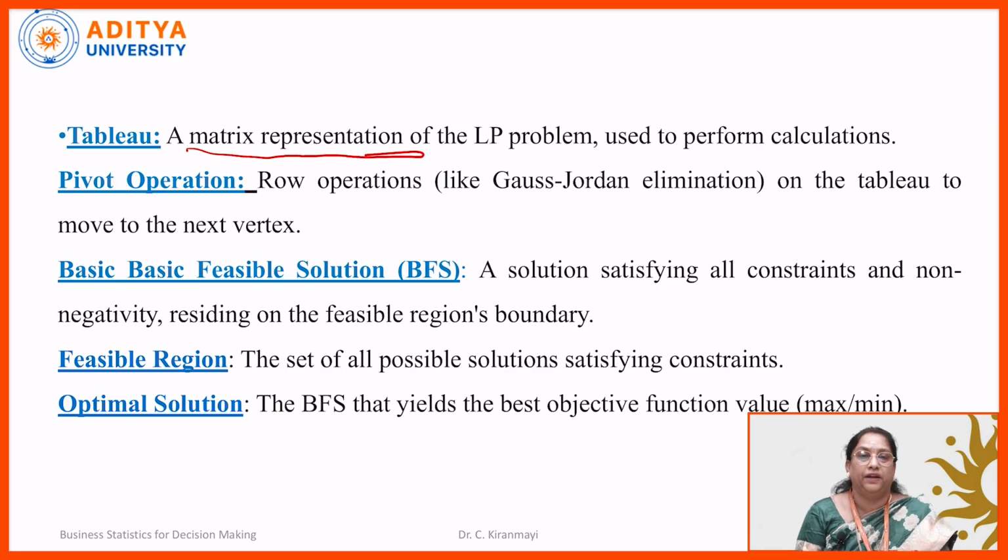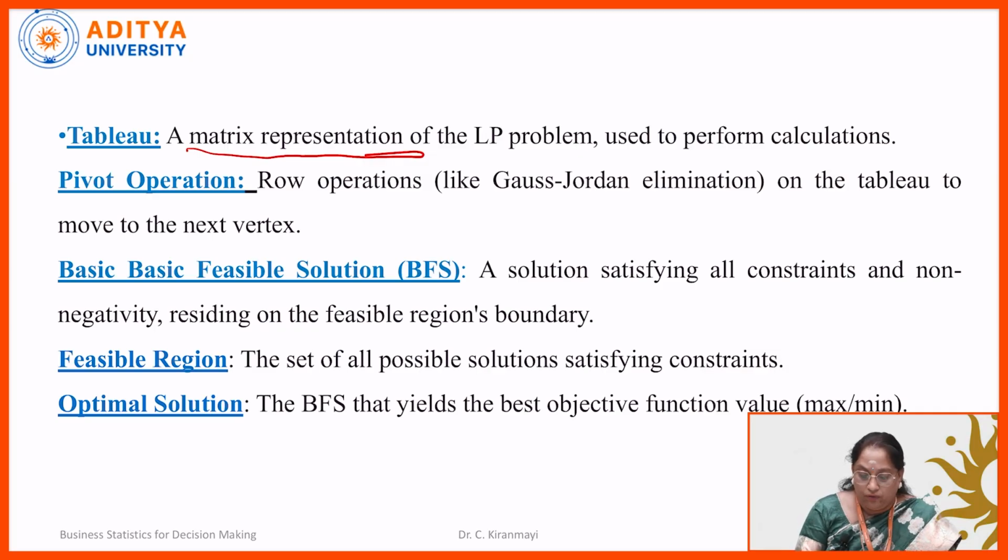And pivot operations. In order to improve the solution, to identify the key row, the key column and the pivot element, we apply basic matrix operations, row operations, which are called pivot operations.